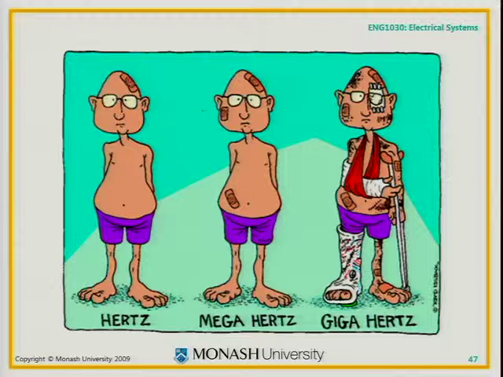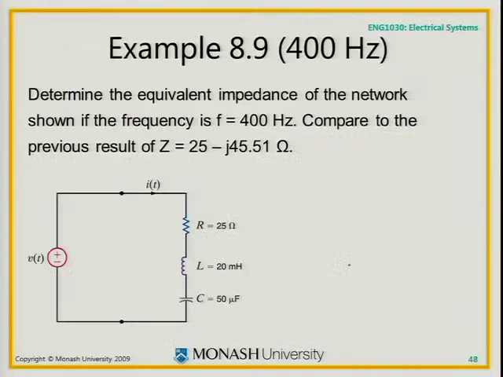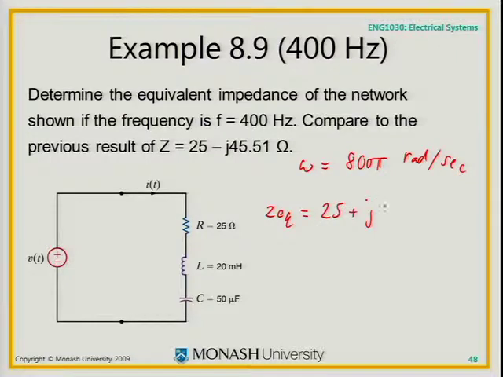So there we go. Let's up the frequency a little bit to 400 hertz from 60. The only difference is now that omega equals 800 pi radians per sec, and I again plug in R plus j omega L minus j on omega C, and I would get that Z equivalent is now equal to 25 plus j 42.3 ohms.